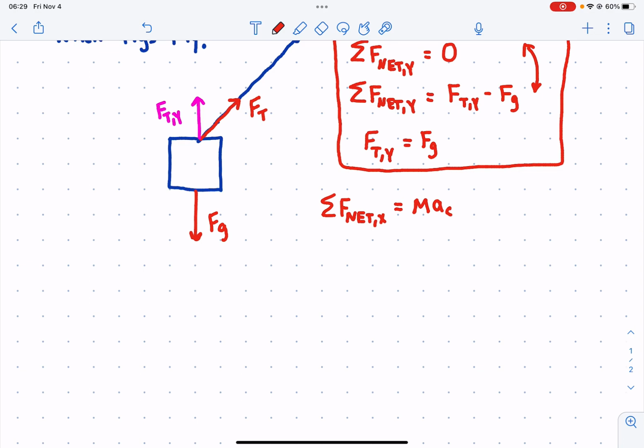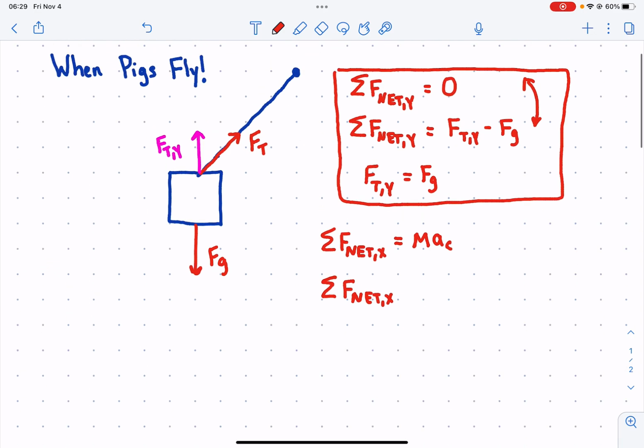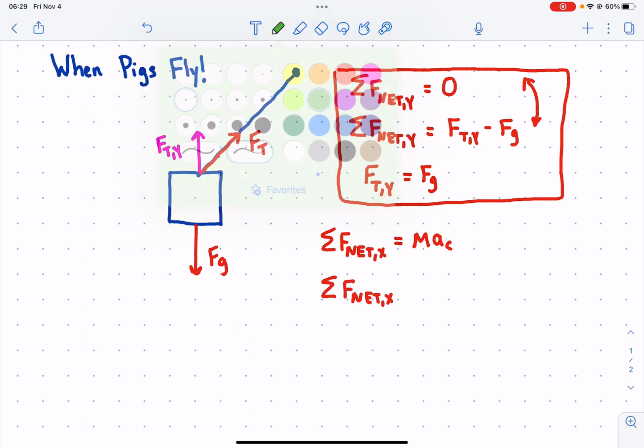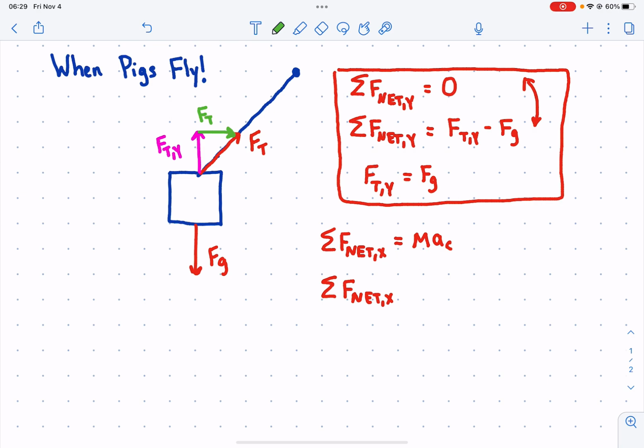And then what is that force? So let's go ahead and draw another line. Okay, well, if it's not super obvious, if you go back, since our tension force is at an angle, let me pick a different color. This force that's keeping it in a circle is going to be the x component of tension right there.